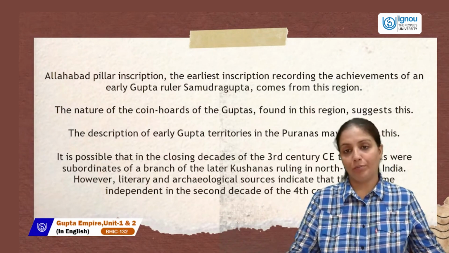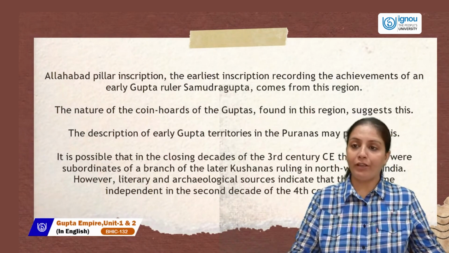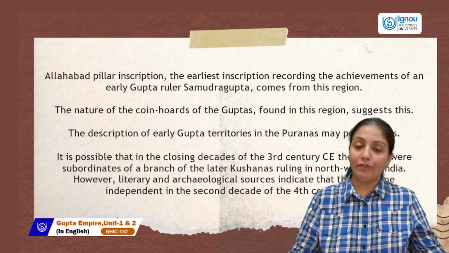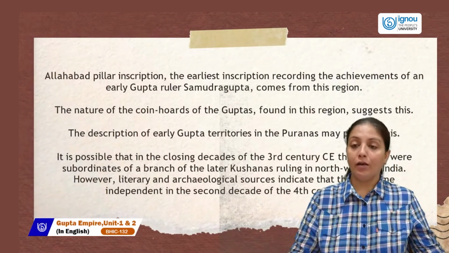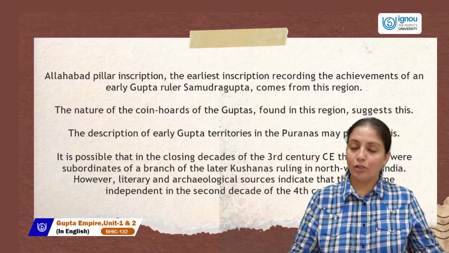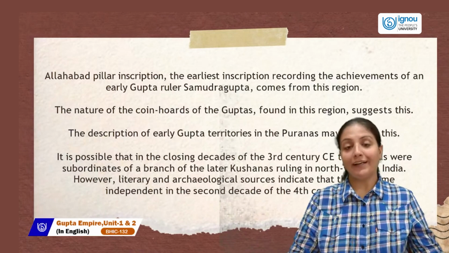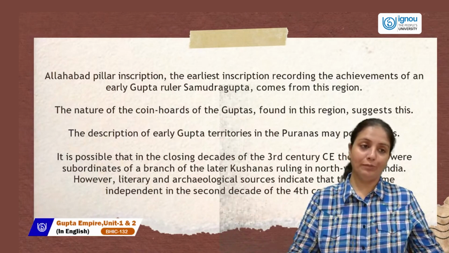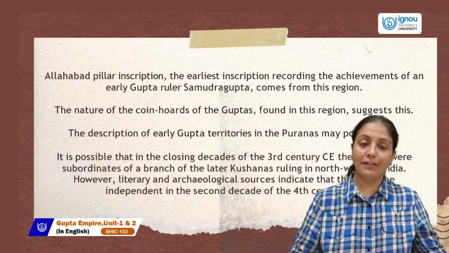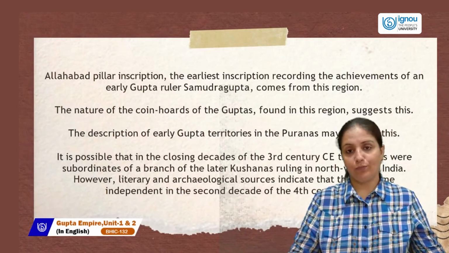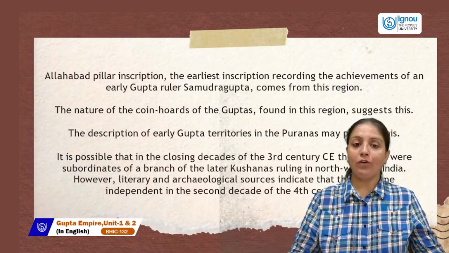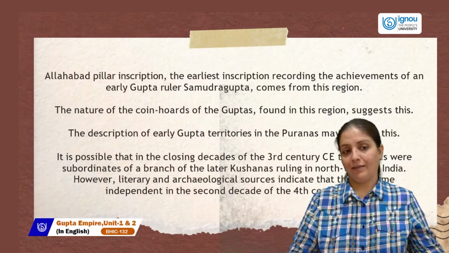If we have some requirements, we tell our king to fulfill them, and the king asks God, and he fulfills our requirements. That was the main connection of that period. Yes, the Allahabad pillar inscription is a very big example of this. The nature of coin hoards of the Guptas found in this region suggests this.